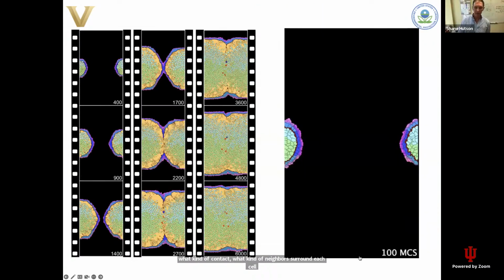So I'm going to play this as a movie, and here are some stills. As this plays, it may be a little jerky over Zoom, so I'll go through the stills first. The shelves will grow towards one another and make contact at about 1,700 Monte Carlo steps, which should be the equivalent of about E15 in the mouse.